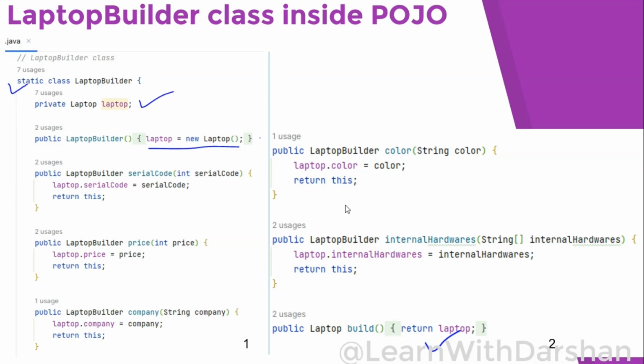With the help of that we can assign values to the fields of the laptop Pojo, like serial code, color, internal hardware, price, company. In every method we are returning this, meaning the current object, in the sense the object of laptop builder, so it will have the current state of the object.